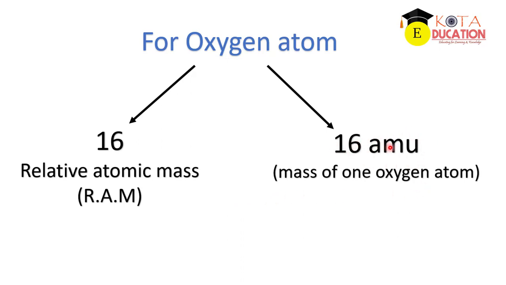So 16 atomic mass units, or if we have to report this in grams, then we have to multiply with 1.66 into 10 to the power minus 24 grams. Right? So this is for a single oxygen atom. So the mass of a single oxygen atom is 16 AMU and the relative atomic mass is 16, which is a unitless quantity.